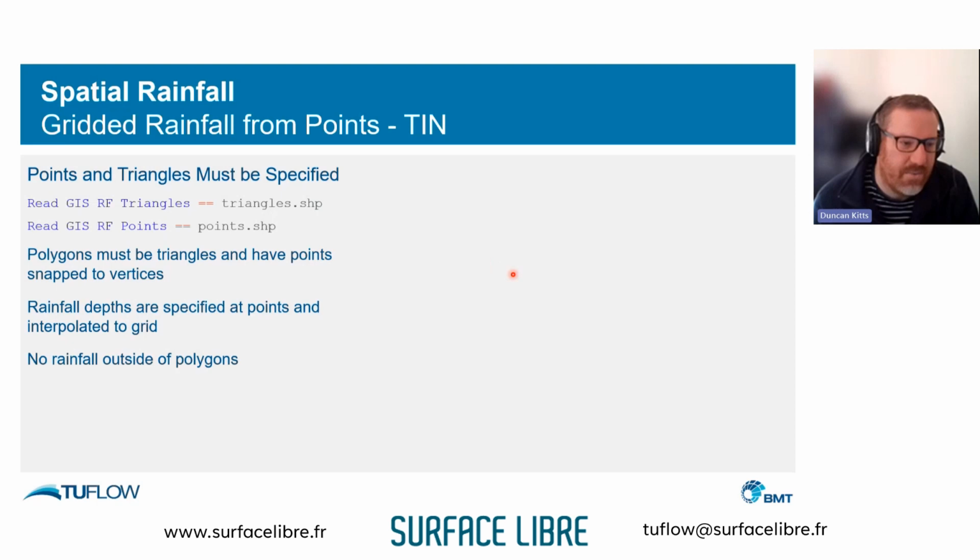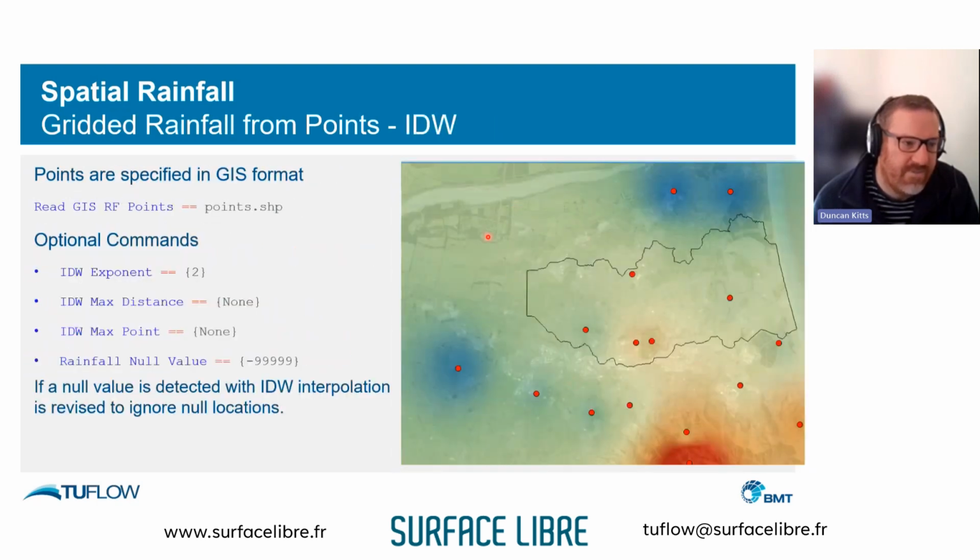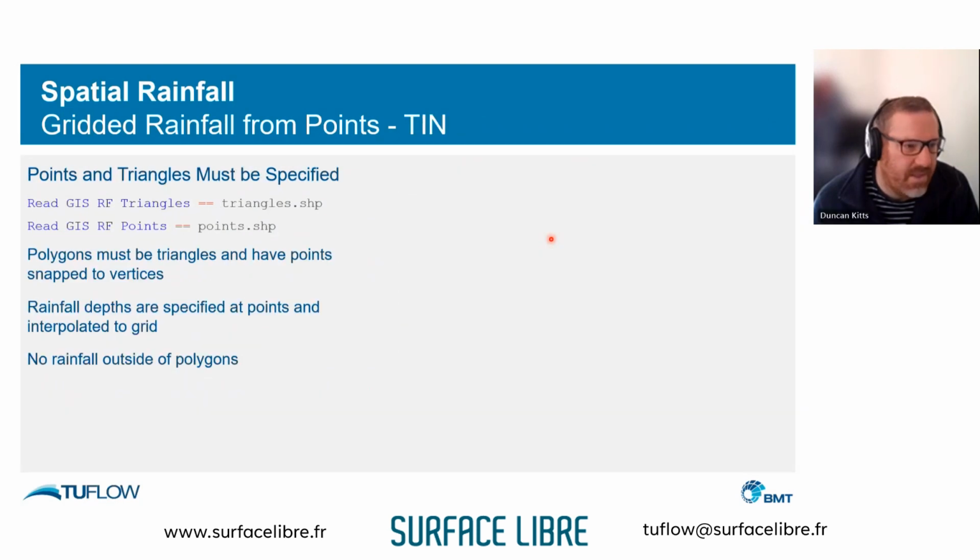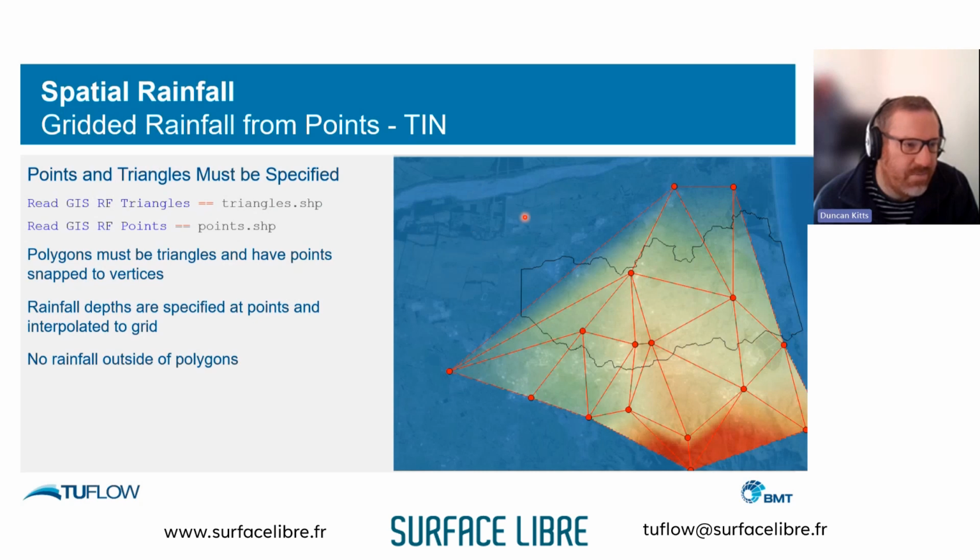If we contrast that with the inverse distance weighted approach, we've got rainfall outside of our polygons. If, in a different study, we're modeling this area, then we could reuse the grid for that. In this instance, there's no interpolation outside our triangles, so we wouldn't be able to reuse that.